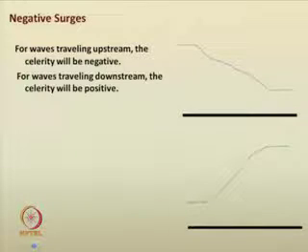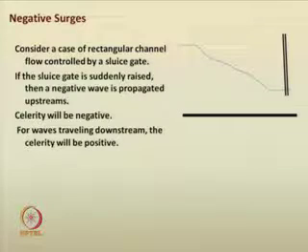For waves traveling upstream, we suggested that the celerity will be negative. For waves traveling downstream, the celerity will be positive. Consider a case where a sluice gate is used to control flow in a rectangular channel. This sluice gate is suddenly raised upwards like this.